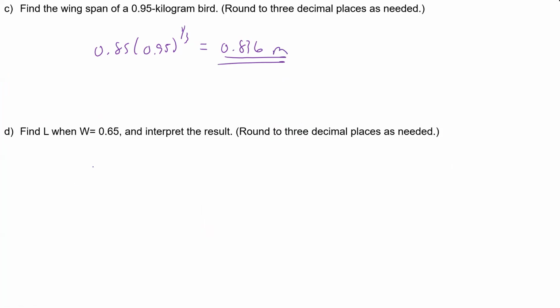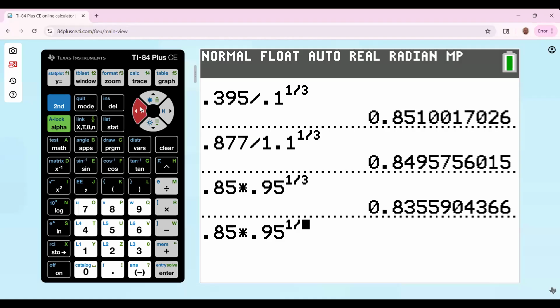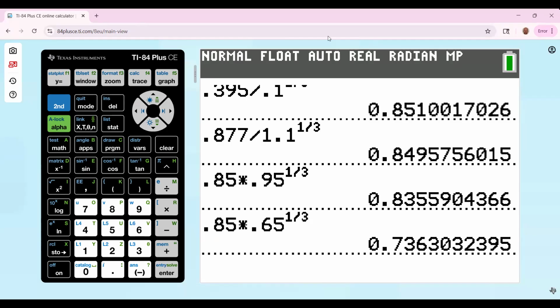And so now, what if we have W is 0.65? All right, so now we're just going to plug that in. So it's going to be 0.85 times 0.65 to the 1 divided by 3. So I'm going to say, well, let's cheat here, because we're only going to change that from a 0.95 to a 0.65, and we get 0.736.